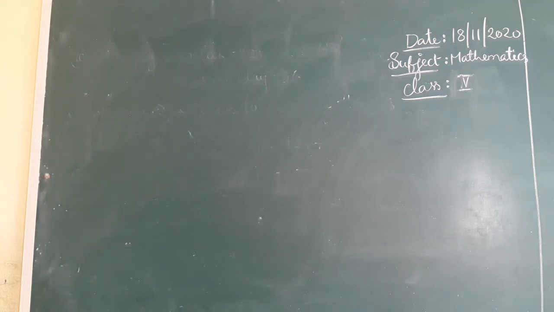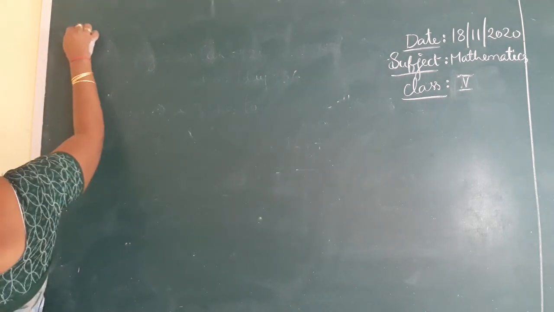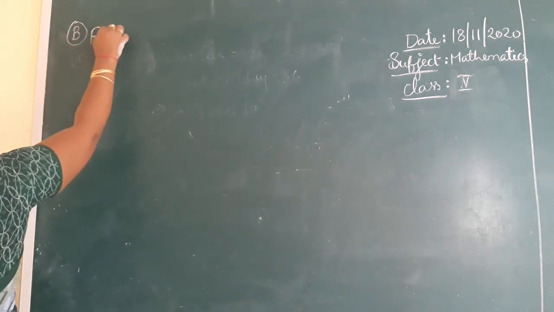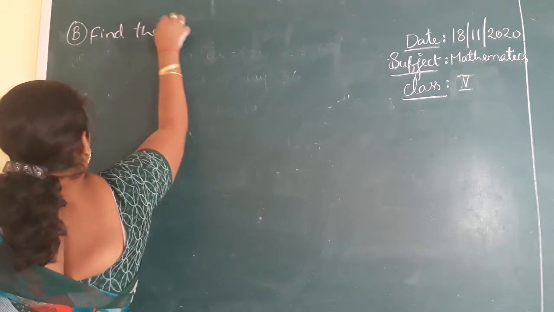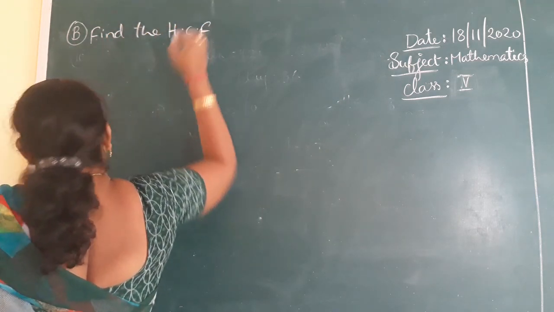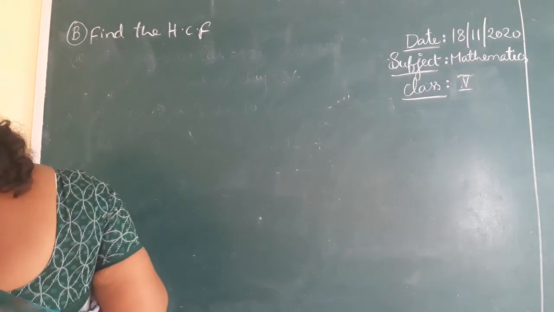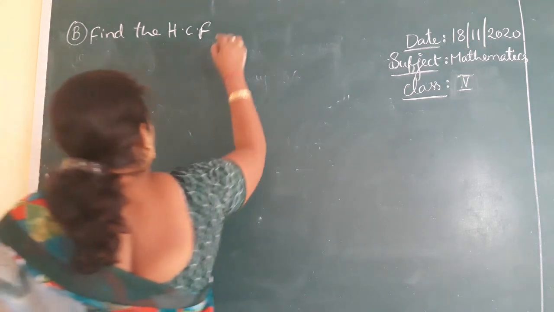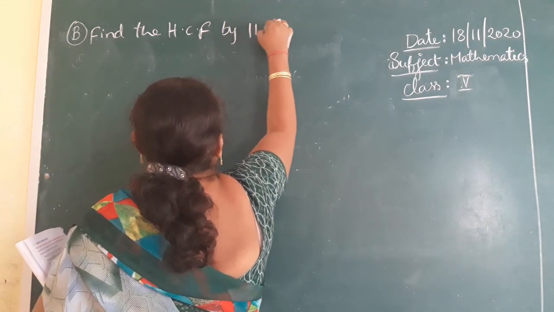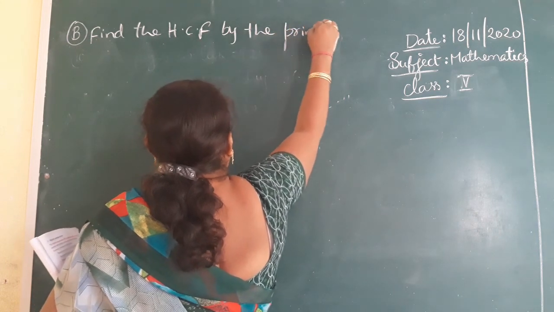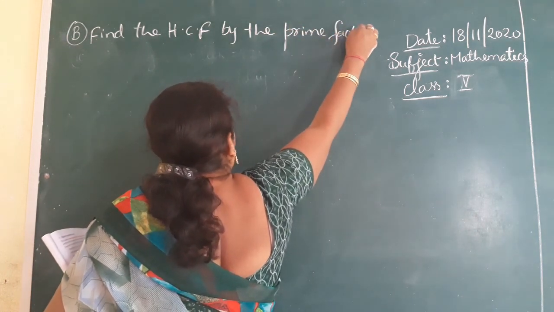See the first one. Find the HCF by the prime factorization method.